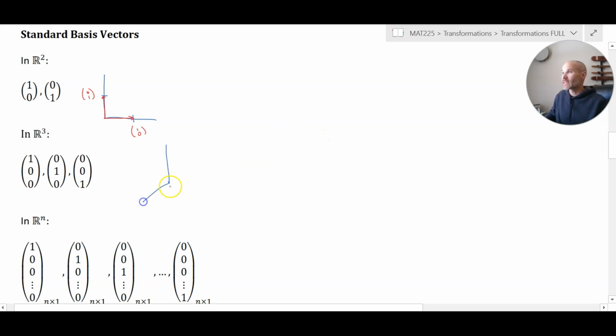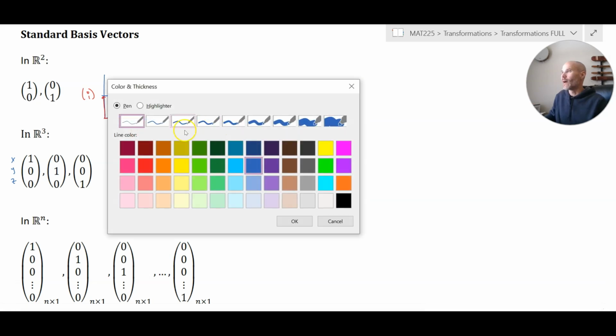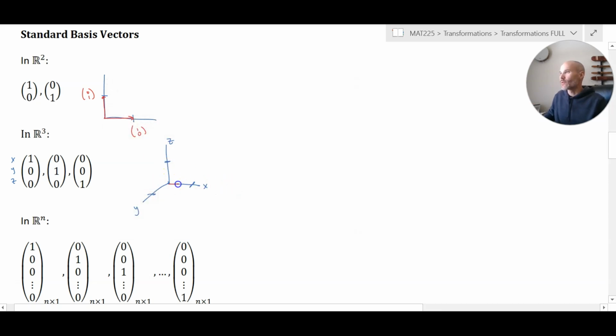If we visualize this as 3 axes, and I'll refer to these as x, y, and z, then 1, 0, 0, in the order of x, y, and z, would point 1 unit in the x direction, 0 units in the y direction, and 0 units in the z direction. 0, 1, 0 would point 1 unit in the y direction, 0 units in x, and 0 units in z.